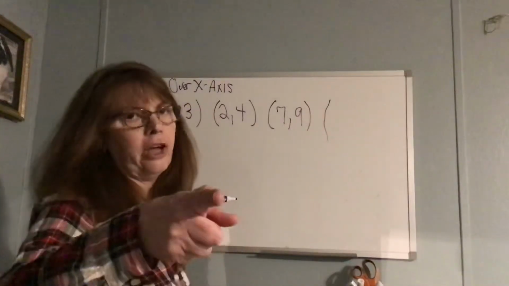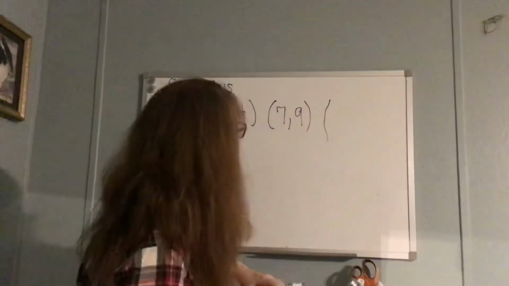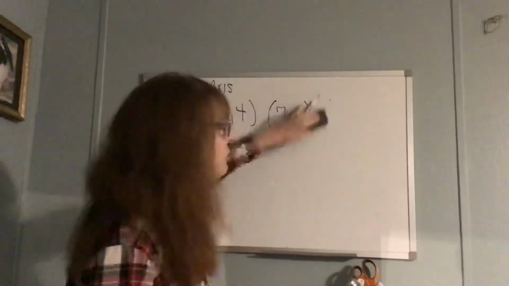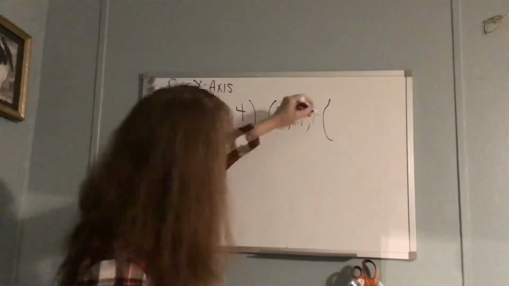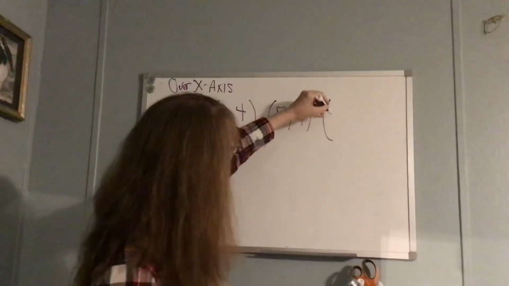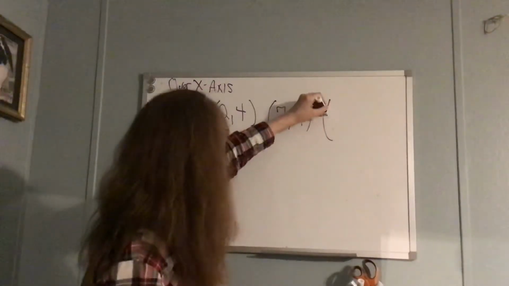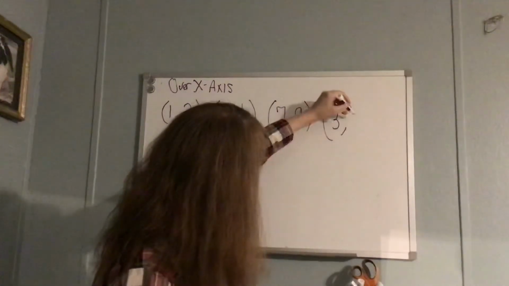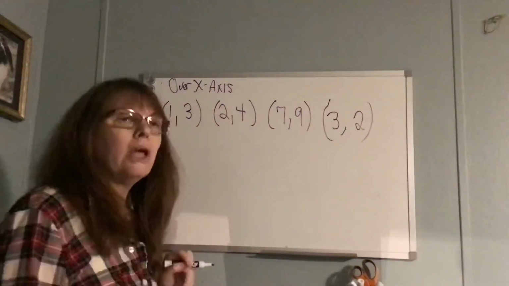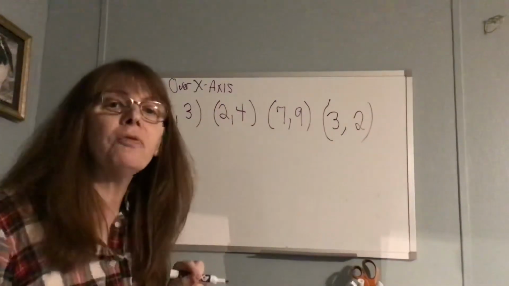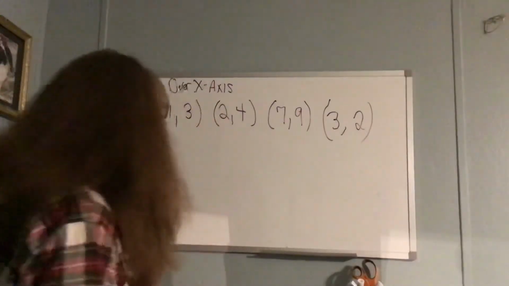Wait, I was just checking to see if you were listening. You can't reflect butterscotch and Snickers. Okay. Let's see. I can reflect, how about 3 and 2? All right. So what I want you to do is watch me do the first 2, and then you're going to do the next 2.